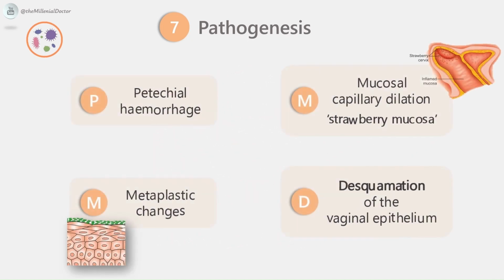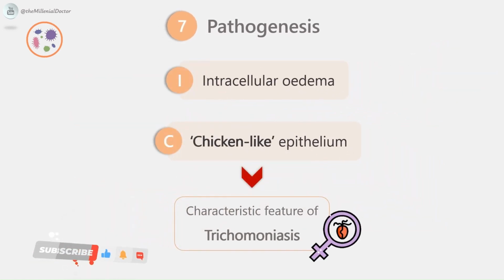The parasite causes petechial hemorrhage and mucosal capillary dilatation, characteristically called the strawberry mucosa. Also, metaplastic changes and desquamation of the vaginal epithelium. Intracellular edema and so-called chicken-like epithelium is the characteristic feature of trichomoniasis.